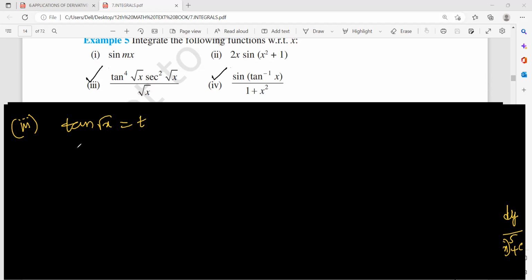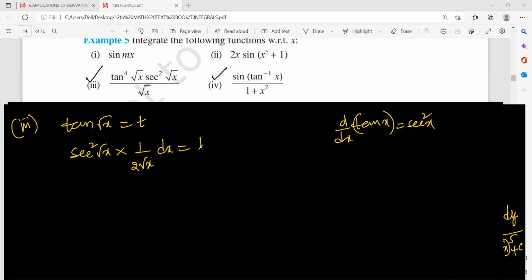Then what will happen? Tan root x, its derivative is secant square root x into the derivative of root x. The derivative of tan x is secant square x, into 1 by 2 root x into dx is dt.